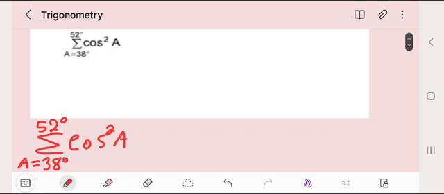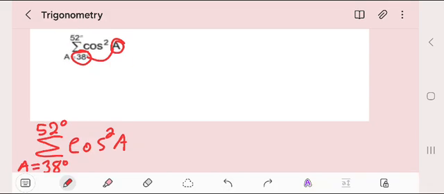So these symbols represent a sum. You know this from your sequence and series: when you have sigma notation, you're supposed to add. The first term you add, you take 38 and replace a with it, and this will increase by 1 until you reach 52 degrees.